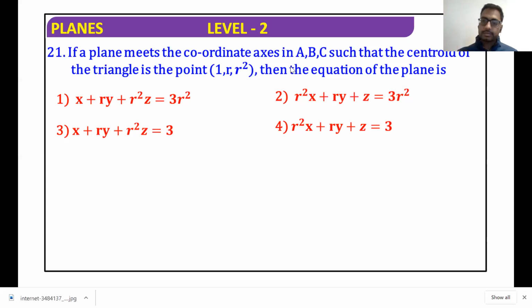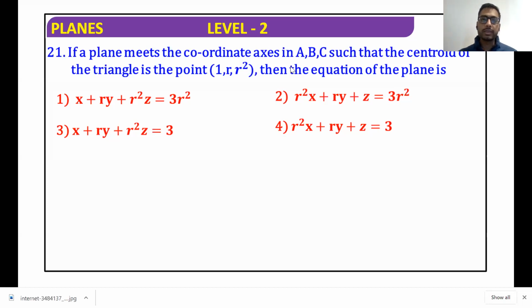Once I have all these 3 points of triangle ABC, I can find centroid of triangle, and centroid of triangle is nothing but addition of x1 plus x2 plus x3. So that would be a plus 0 plus 0, that is a upon 3, b upon 3, and c upon 3. And then equate those values.